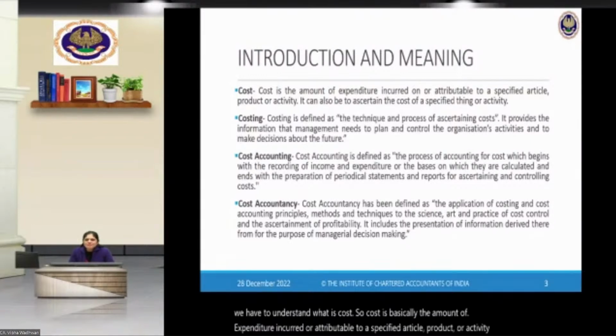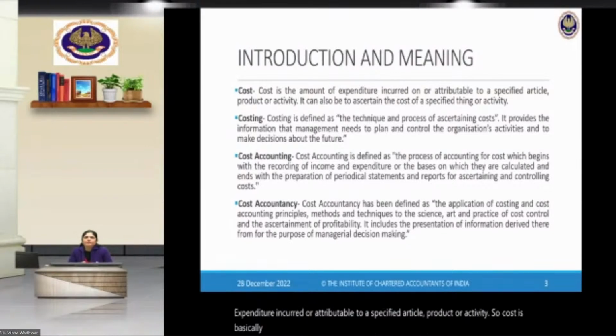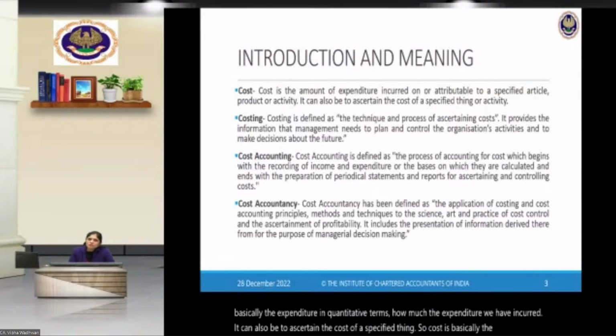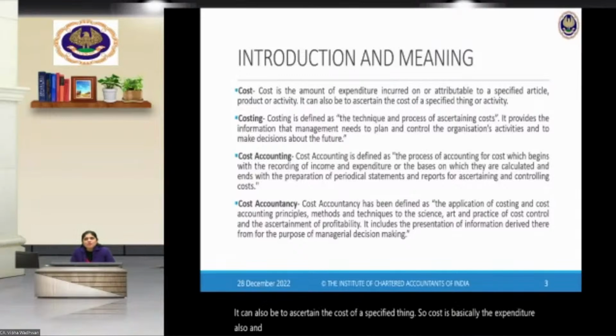So cost is basically the expenditure in quantitative terms, how much expenditure we have incurred. It can also be to ascertain the cost of a specified thing. So cost is basically the expenditure, and cost here also means how we ascertain the cost, how we find the cost. So that is also the meaning of cost here.